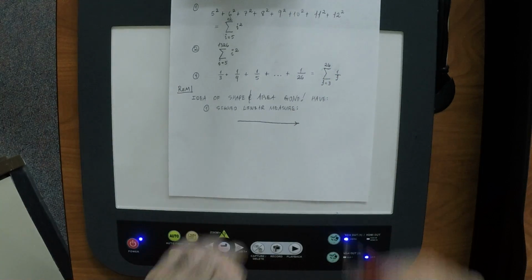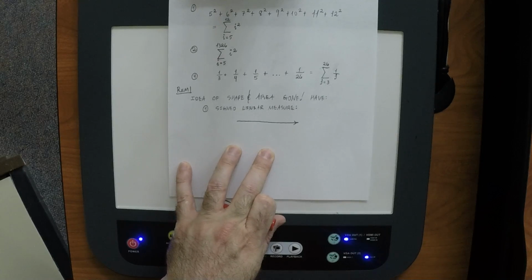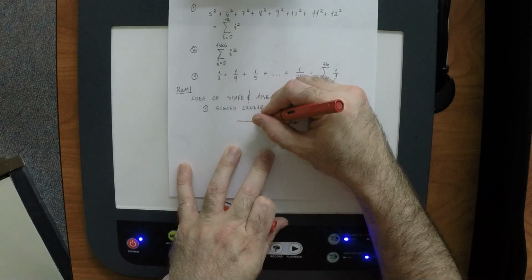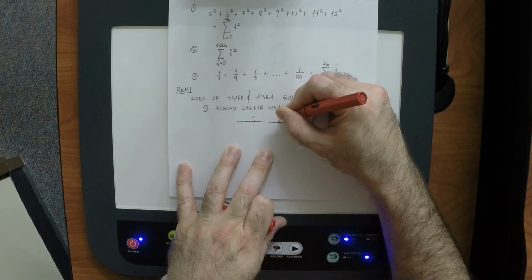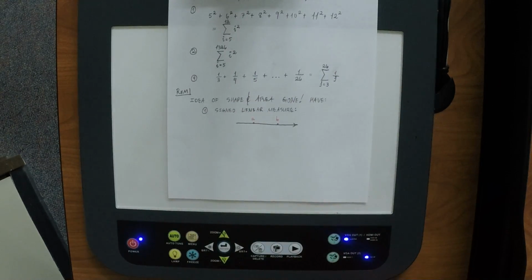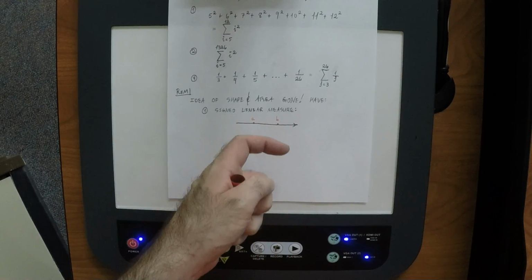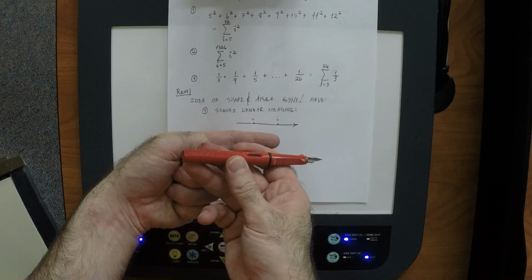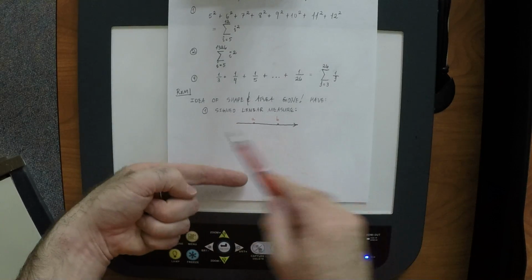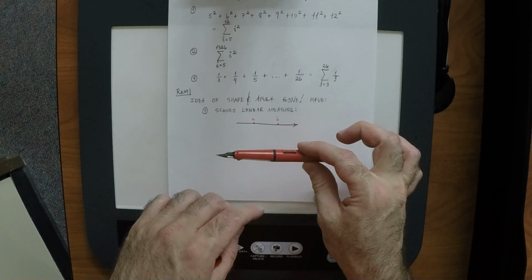So if we have the convention that the number line is increasing to the right, if we mark out 2 points on the number line, A and B, then if we travel from A to B, then that travel is in the positive sense because it's in agreement with the increasing direction. And if we travel from B to A, then we're traveling in the negative sense because it's pointing in the opposite direction of the world.